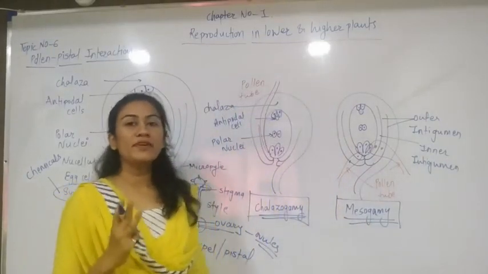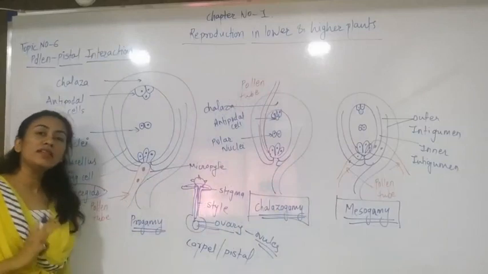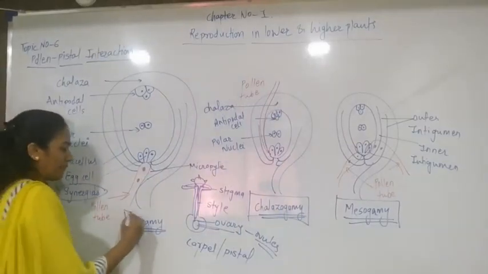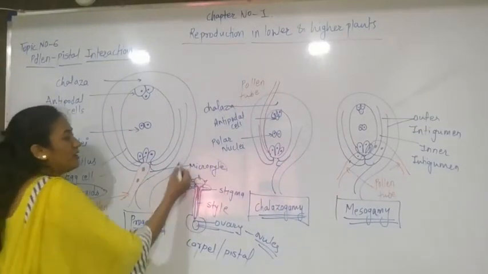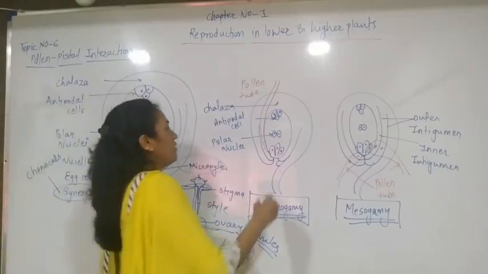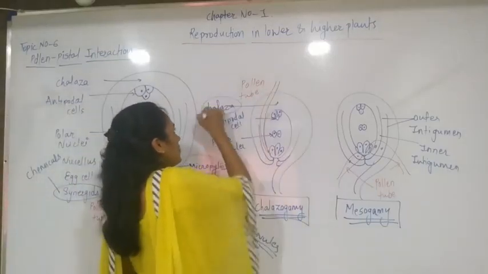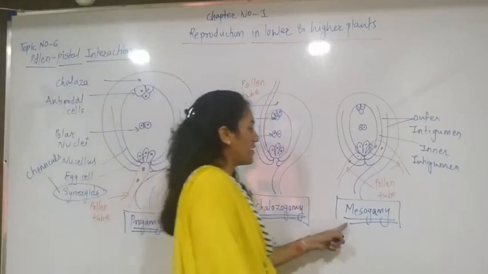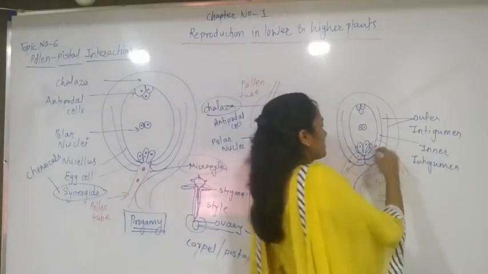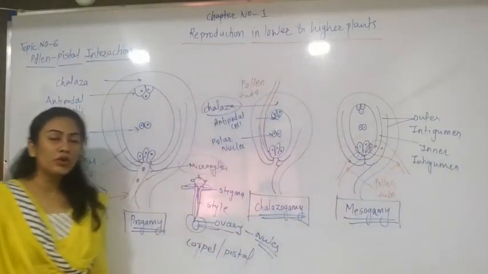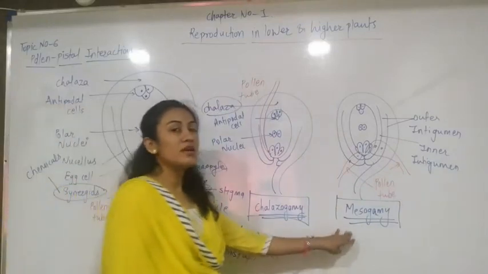There are three types of pollen pistil interaction in angiosperms: progamy, when the pollen tube enters from the micropylar end; chalazogamy, when the pollen tube enters from the chalazal end; and mesogamy, when the pollen tubes enter from the integuments.